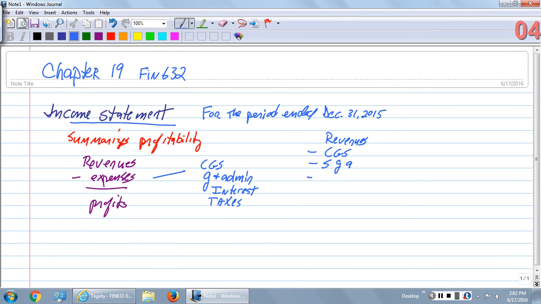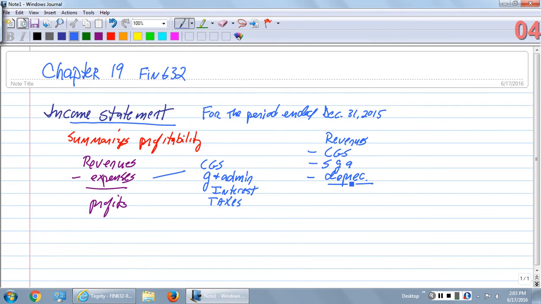You can subtract out depreciation as well. Depreciation we'll probably talk about later, but it's a non-cash expense, but it is an expense. It's an accounting tool to help us allocate the cost of an asset over the period of time in which it's going to help us generate revenues.